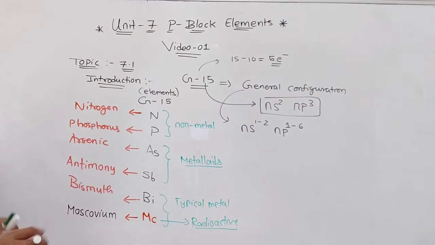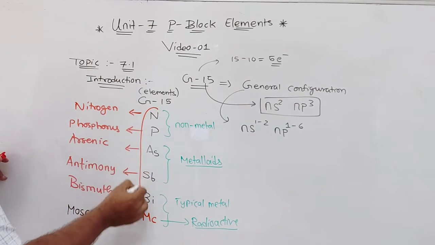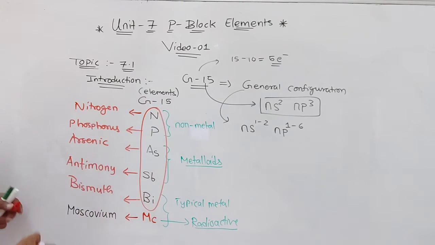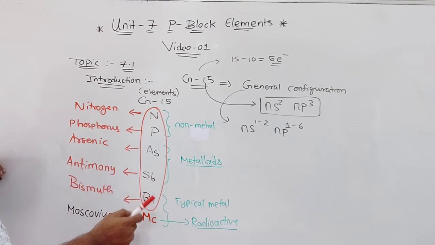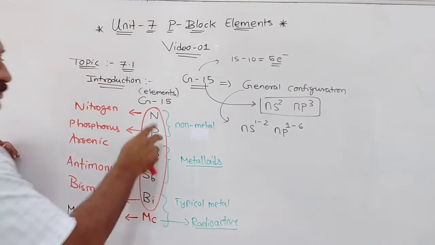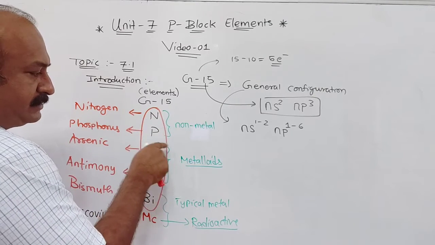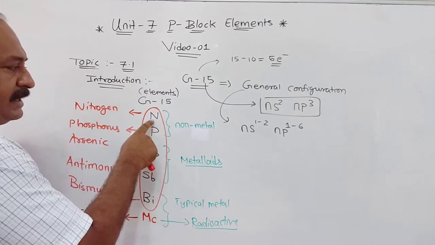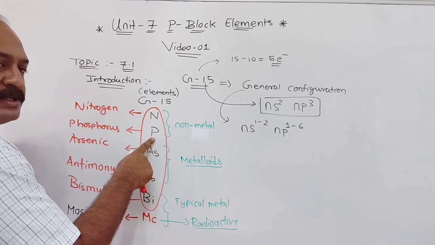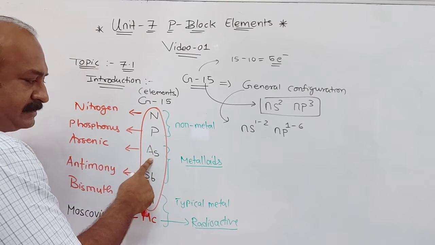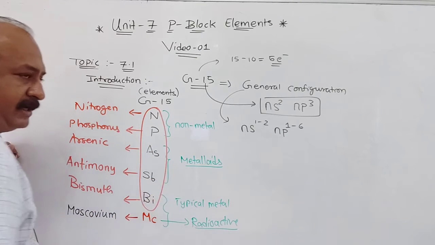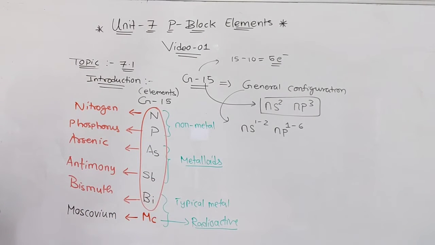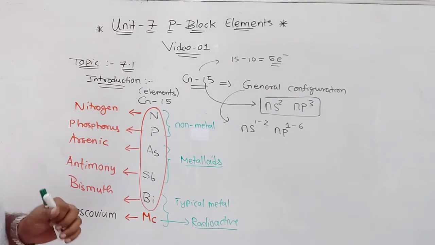But in this case, we are going to study only these five elements: nitrogen, phosphorus, arsenic, antimony and bismuth. Moscovium comes under radioactive, which we'll discuss later on. Here these two are non-metals; nitrogen gas, you must have studied the diatomic form, and phosphorus has allotropes. Arsenic and antimony are metalloids, meaning some properties of metal and some of non-metal.